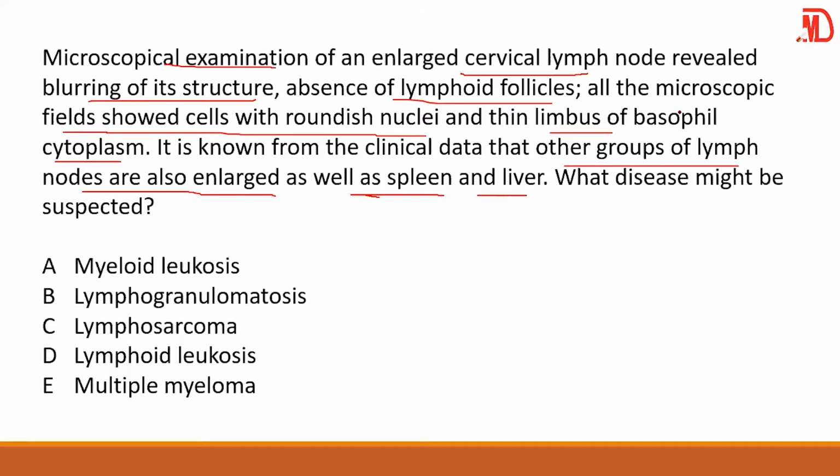So these nodes being enlarged, cervical lymph nodes being enlarged, is all pointing to lymphoid leukosis. So basically, that is what we are talking about, lymphoid leukosis. It's a malignant neoplasm of the lymphocyte. Of course, there are a lot of differentials which more or less look very close, but this is lymphoid leukosis.